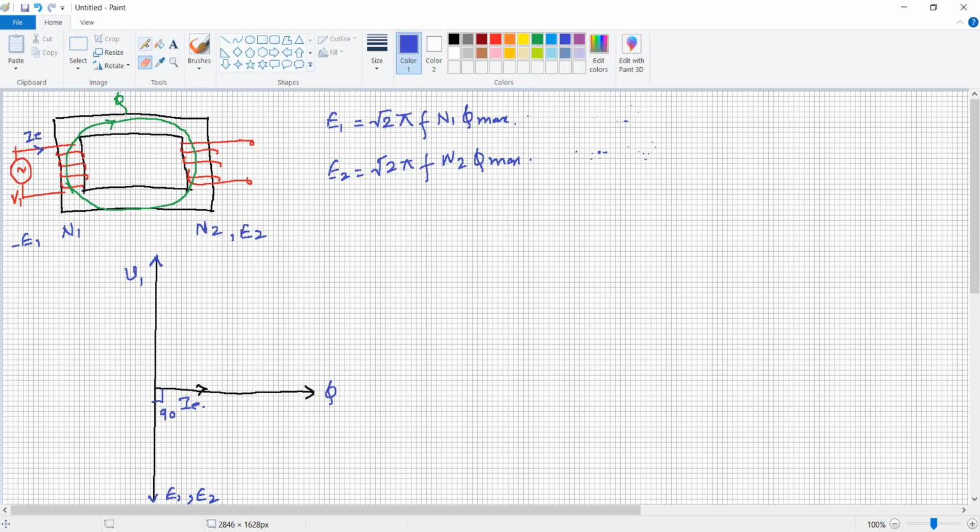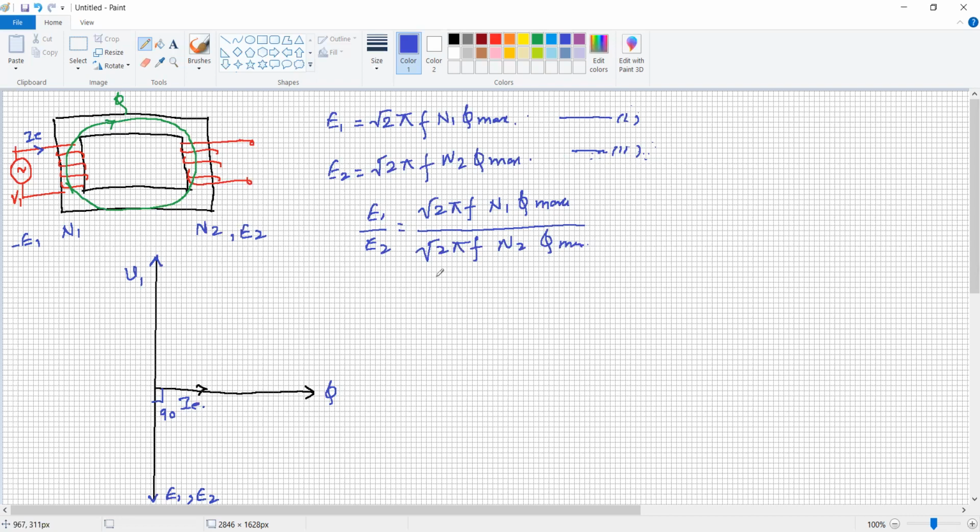So we have these two equations, the RMS values of EMF induced in the primary winding and secondary winding. If you take the ratio E1 upon E2, it is root 2 pi f N1 phi maximum divided by root 2 pi f N2 phi maximum.